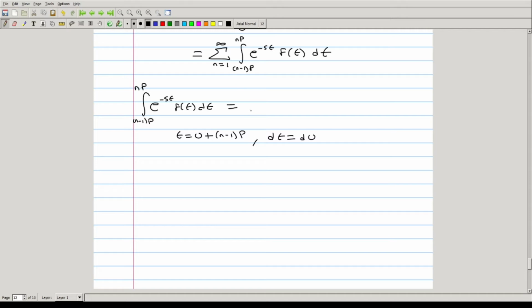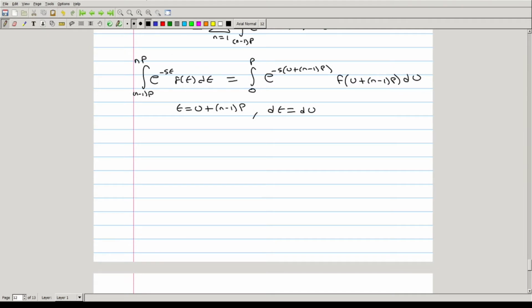This integral will be the same as the integral from 0 to p of e to the negative s times u plus n minus 1 p, times f of u plus n minus 1 times p du.